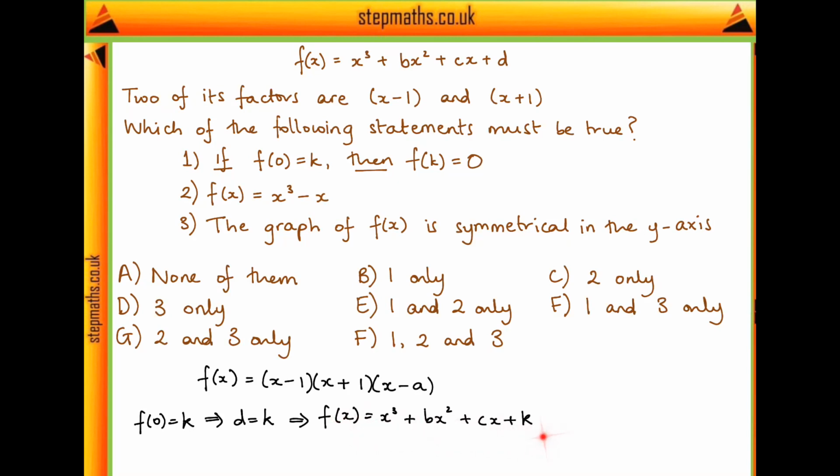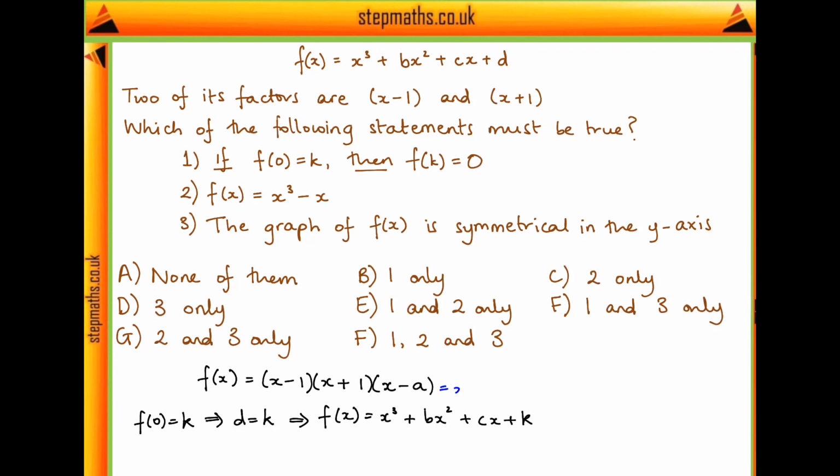And does this imply that f of k is equal to 0? Well, if k was plus or minus 1, that would be easy because plus and minus 1 are roots. But if k wasn't, then we'd need this a to be equal to k. So can we show that a is equal to k? Well, let's expand this out so that it looks in the same form as this.